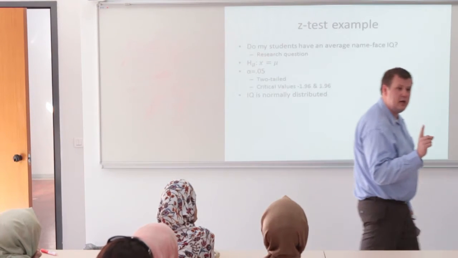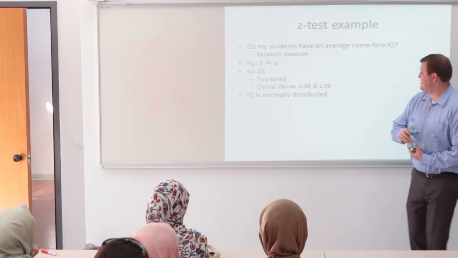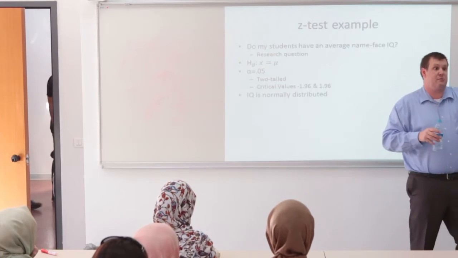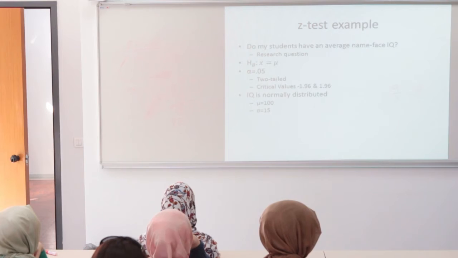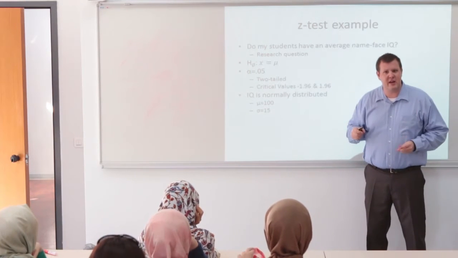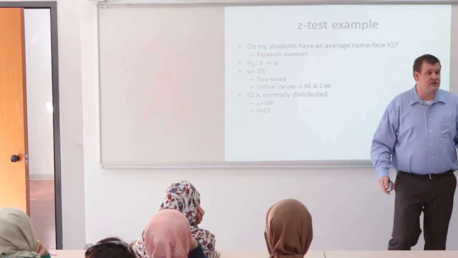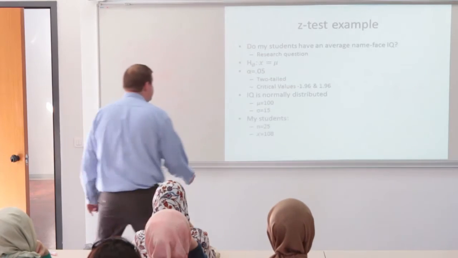IQ is normally distributed. If we don't know this, we can't say that these are our critical values because we don't know how the distribution looks. If you guys know about IQ, the standard mean for IQ is 100, and the standard deviation is typically 15. So we've got our mean and our standard deviation.